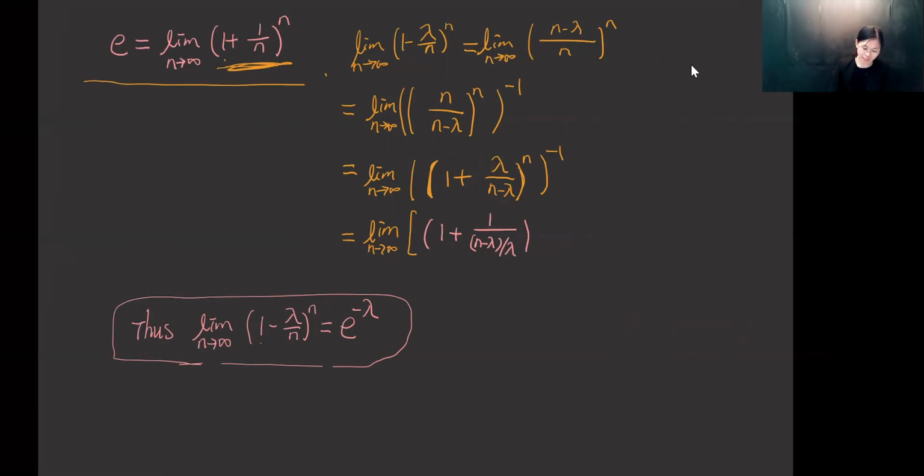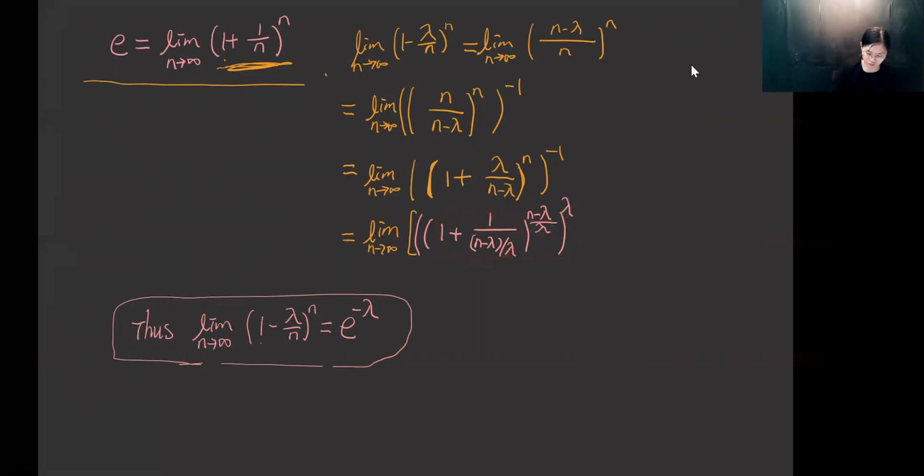And the power n, I will write that as n minus lambda divided by lambda, but also to the power lambda. So this lambda and that lambda cancel out, so this is this quantity to the power n minus lambda.